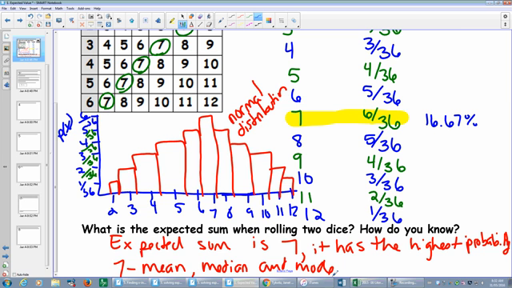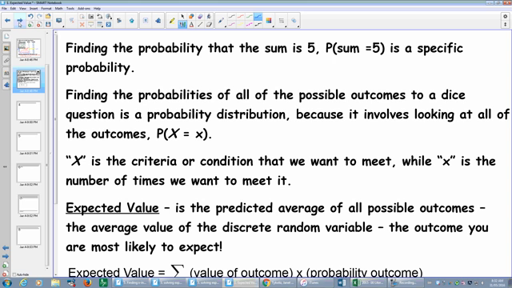Okay, here comes your first formula that you will have to know. Finding the probability that the sum is 5. So again, we're setting this up. The probability in brackets, the sum equals 5, is a specific probability. Finding the probabilities of all the possible outcomes to a die question is a probability distribution because it involves looking at all of the outcomes.